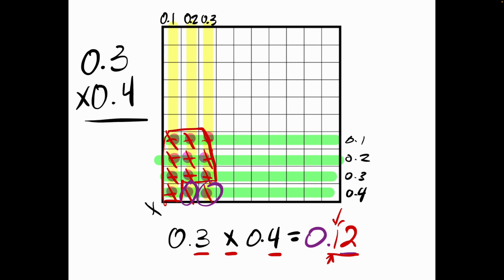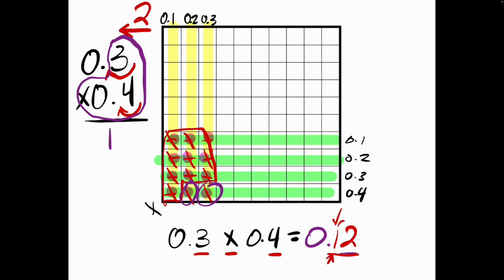Now remember our little saying: count the spaces and move to the left that many places. I have 1, 2. So I know in my answer, I counted 2 spaces, so I'm going to move to the left 2 places. After I know that, all I'm really looking at is 3 times 4.